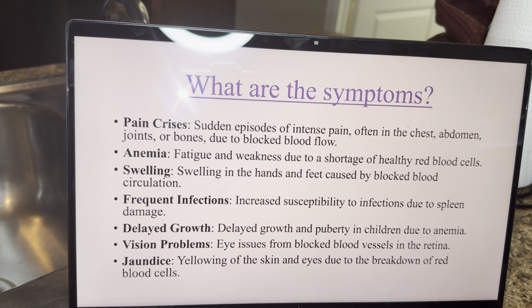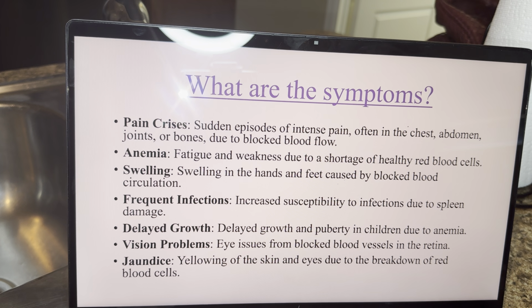So now let's talk about some symptoms and complications of sickle cell disease. A big issue with sickle cell disease is that it causes the people dealing with it a great amount of pain crisis. People will get sudden episodes of intense pain. They'll have pain in their chest, their abdomen, joints, bones, and this is all pain due to blocked blood flow.